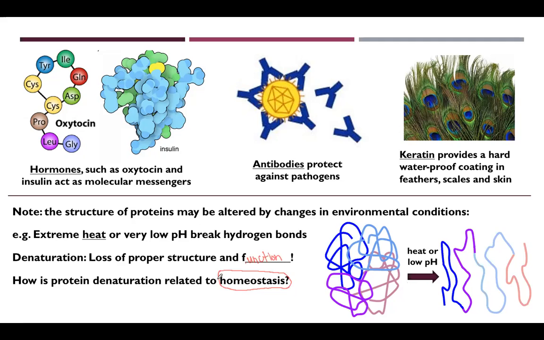Why do you think we want to keep the body at a certain level? Because if it gets too hot and our proteins start losing their functions, we'll stop working. Yeah, definitely. Too hot, and we are going to get our enzymes broken down like this. So that's why we want homeostasis to kick in. We want to keep at a certain level, because once we've reached too high of a heat, our proteins are denatured, or too low of a pH as well.